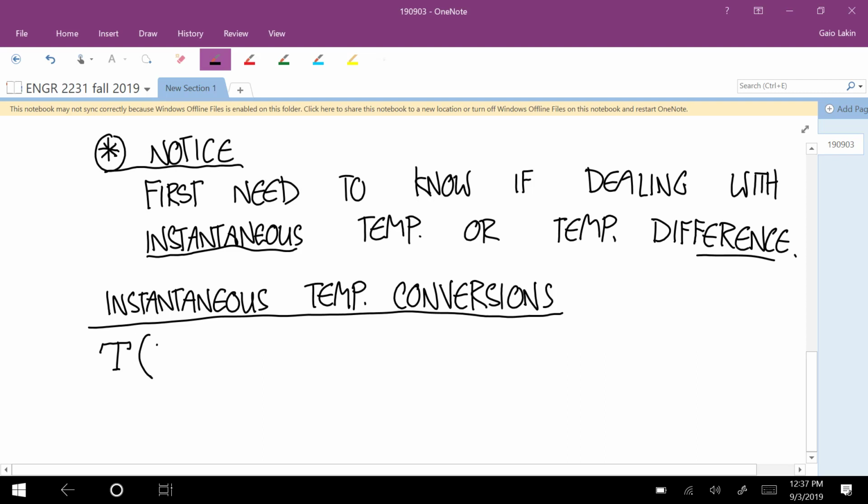Temperature in degrees Fahrenheit is equal to the temperature in the Rankine scale, degrees Rankine, minus 459.67.